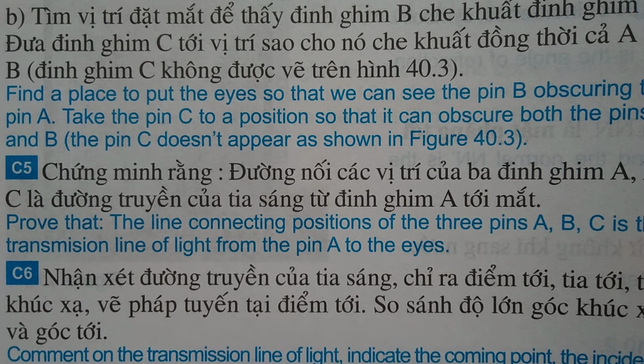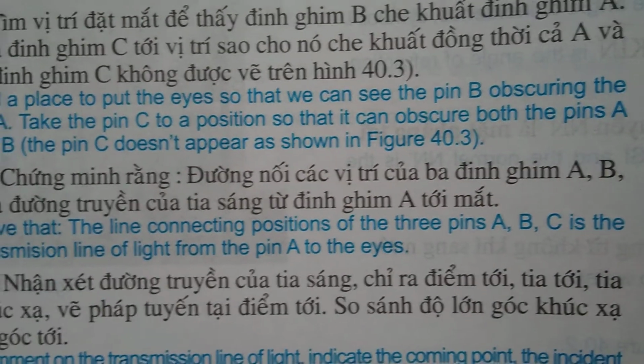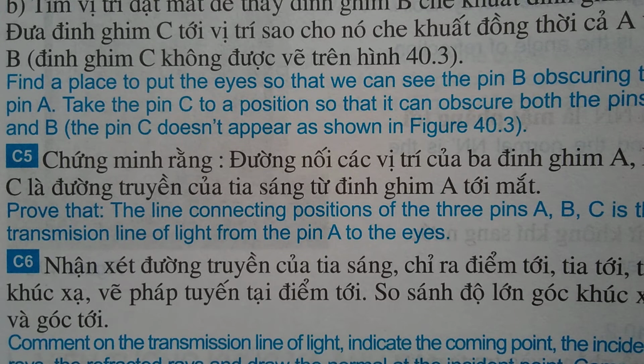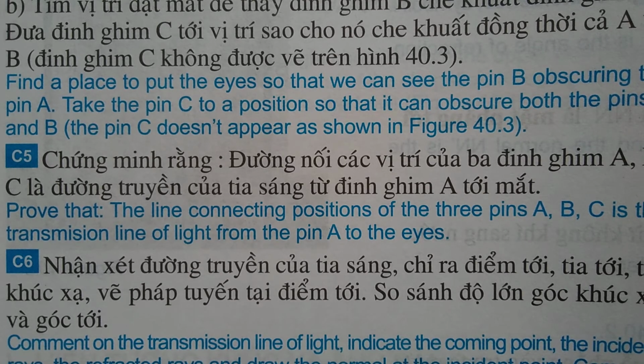Prove that the line connecting positions of the three pins A, B, C is the transmission line of light from the pin A to the eyes.